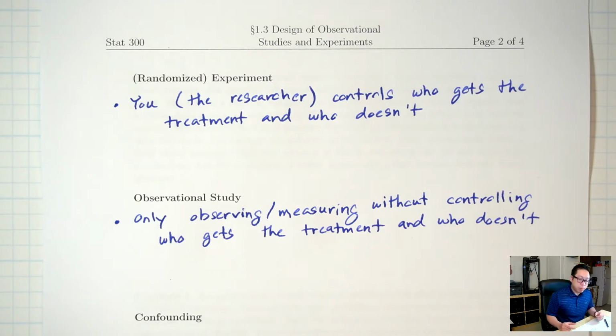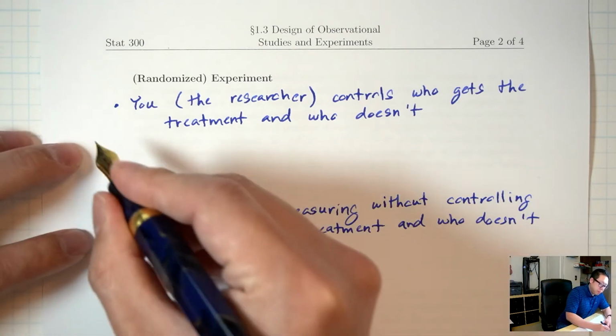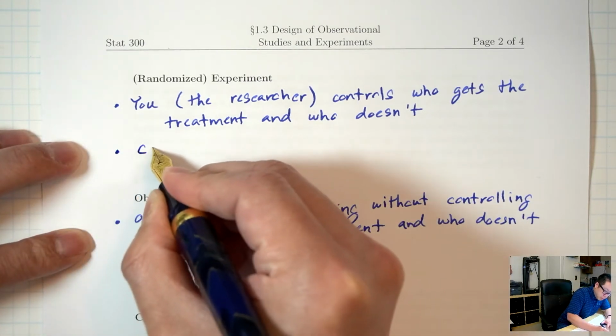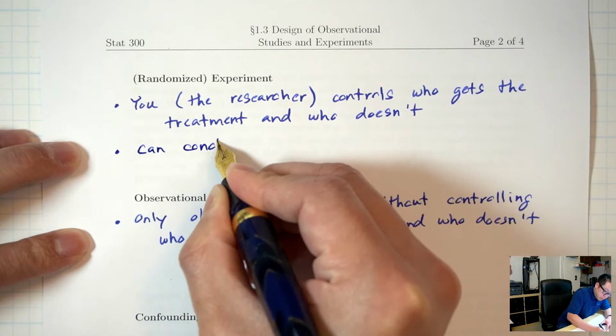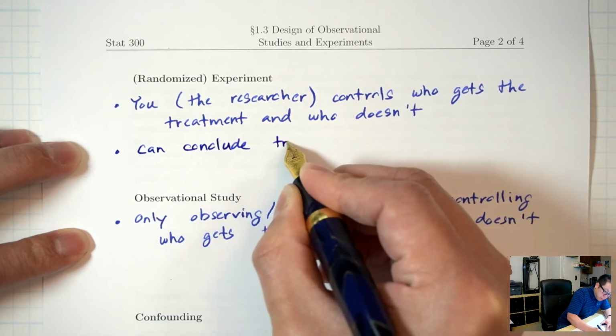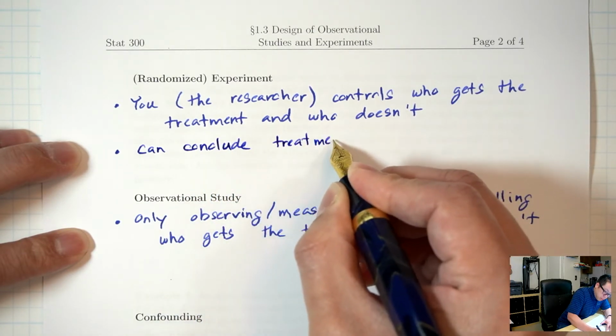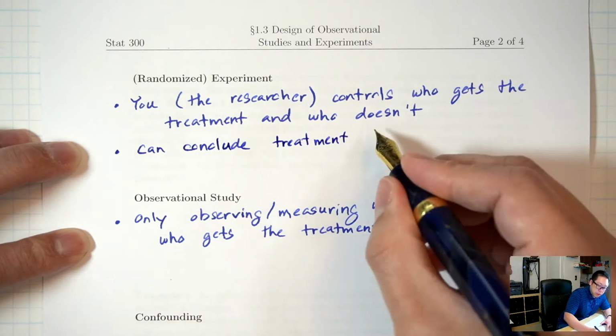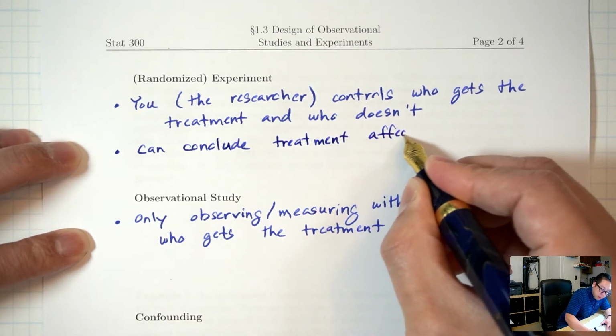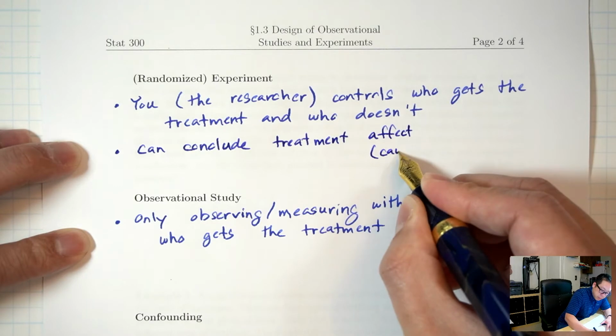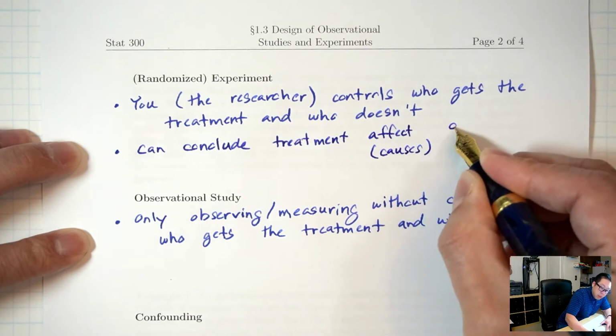So in an experiment, you can conclude that the treatment is causing the difference in the outcome. Right, you can conclude that the treatment affects or causes the outcome.